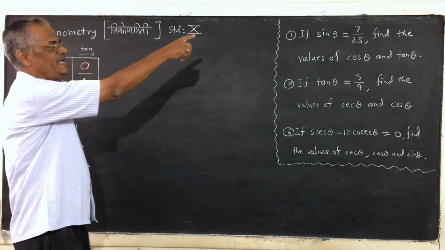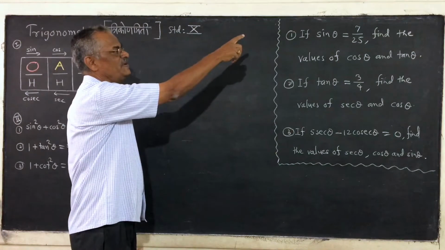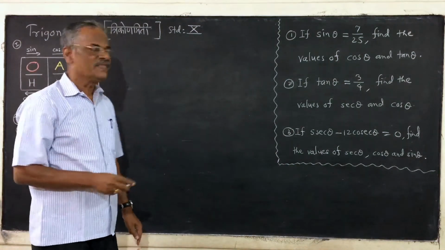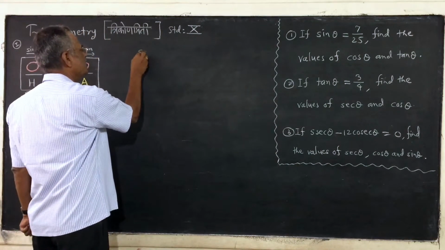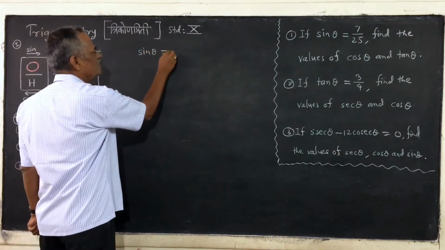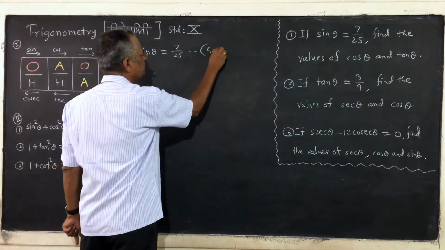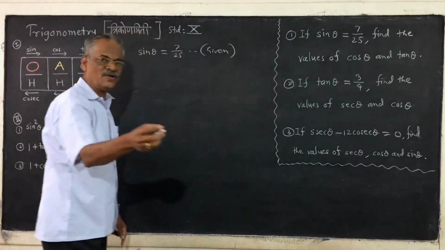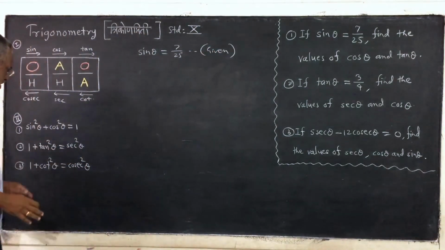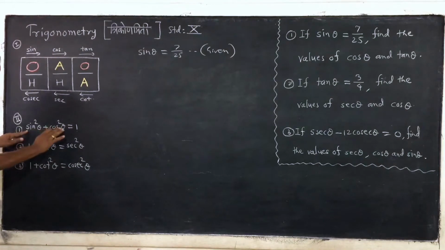तर गिवन काय आहे? sin theta is equal to 7/25 हे गिवन आहे. So you can start with the given. Sin theta is equal to 7/25. This is given. To calculate cos theta and tan theta, you can see that the sin theta and cos theta relation is that sin square theta plus cos square theta is equal to 1.